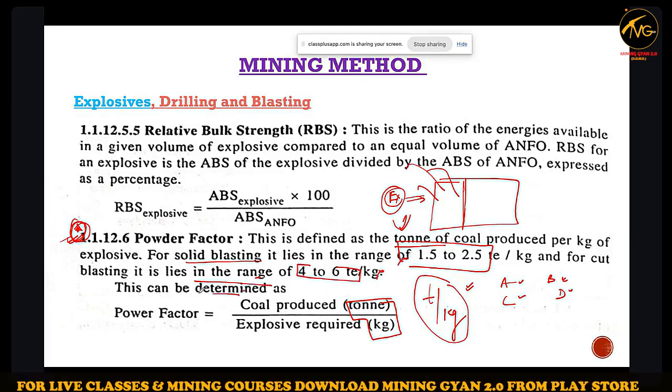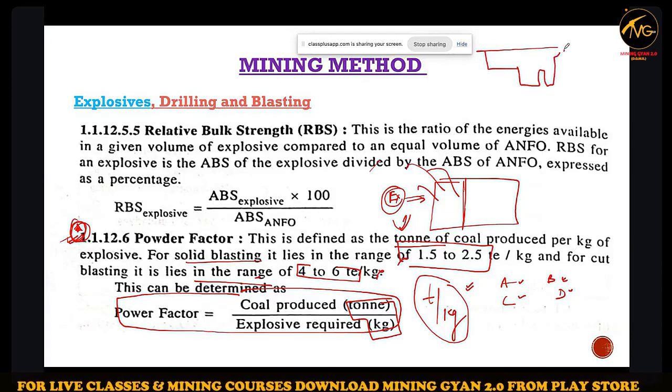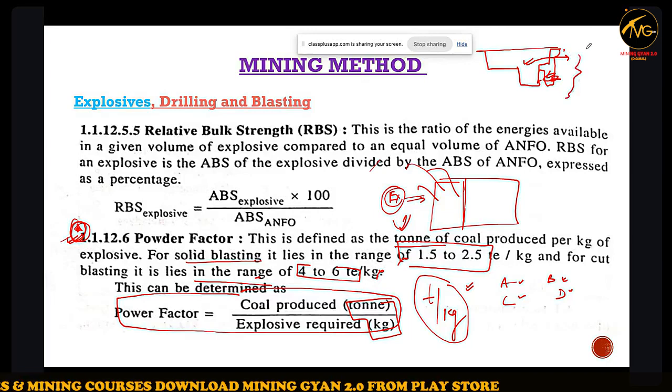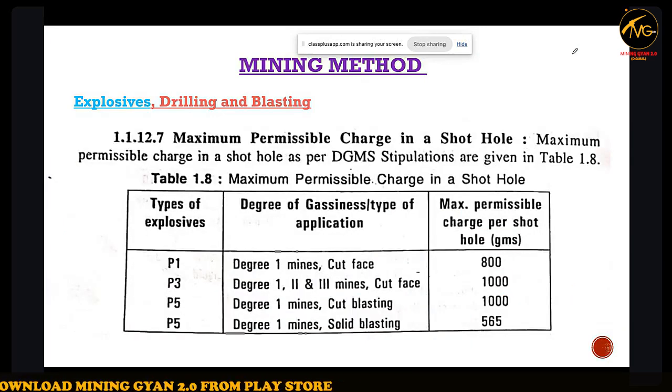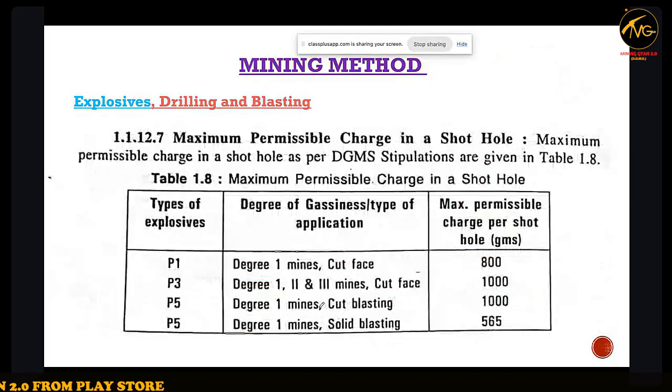You should know this formula for our numerical questions, because they will give you the structure or area, and they will give you the explosive and can ask us to find out the powder factor, or they give us the powder factor and they can ask us the coal production if they have given us the explosive requirement. Okay, maximum permissible charges in the short hole.